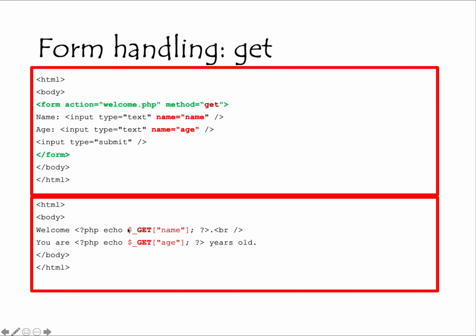Again, this is a built-in variable, so you cannot change the name, and it is everything uppercase starting with underscore. Using this method, you can still retrieve the value that the user entered. Then you may wonder, what's the difference? Why do we use this different method, the get method? While I practice this with the actual code, I will show you the key difference.